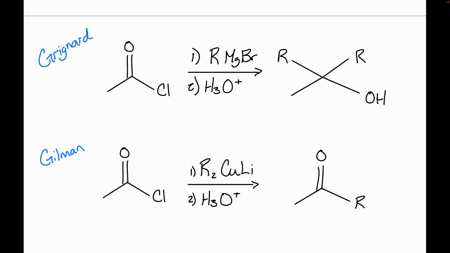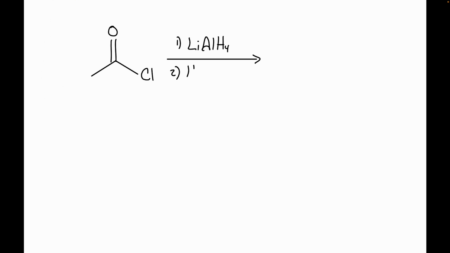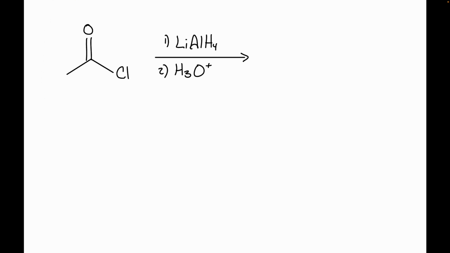Okay, so then lastly, we're going to react this with another good nucleophile that we're used to seeing here, our lithium aluminum hydride. Remember, these have these nucleophilic hydrogens. All right, let's see if we can't figure out what our products would be.